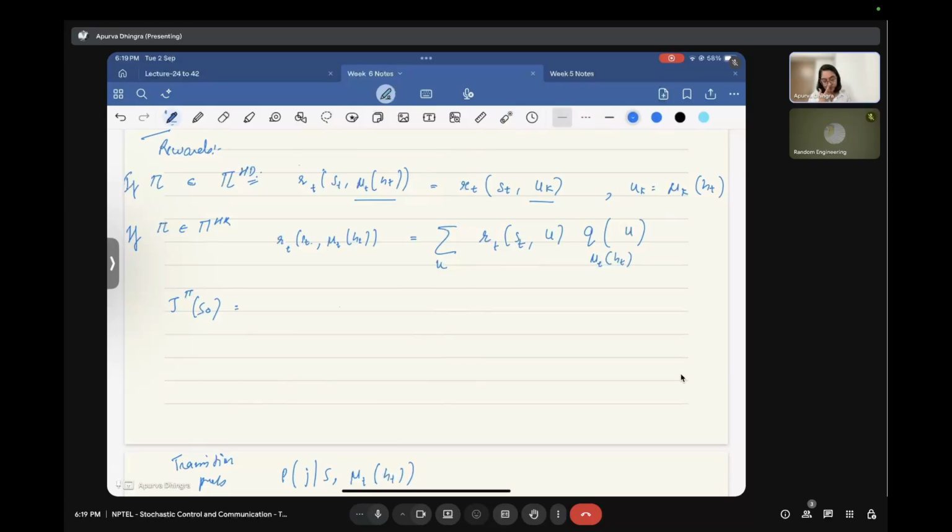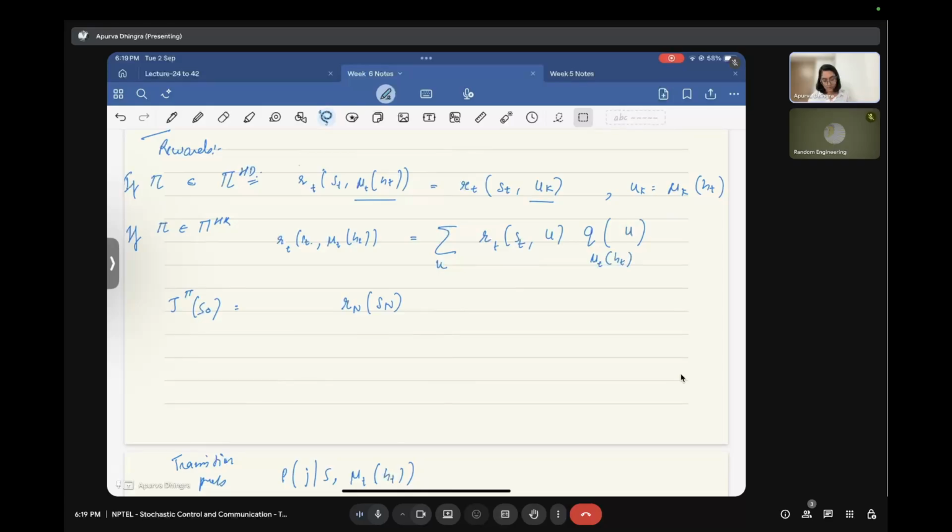So here this quantity is basically just the sum over all the rewards, right?